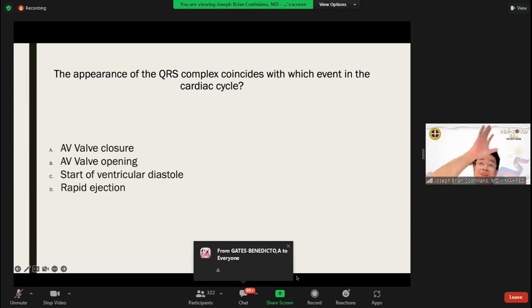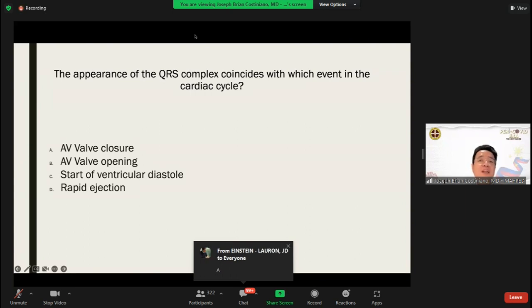Meron kasi yung isang figure, di ba, na intersperse na siya lahat. So you will get this one. Okay. So kailan ba nangyari ang AV valve closure? Is it during diastole or systole? No? And then kailan ba nangyayari ang ventricular diastole? Kailan ba nangyayari ang rapid ejection? Okay? So tingnan natin yung sagot.